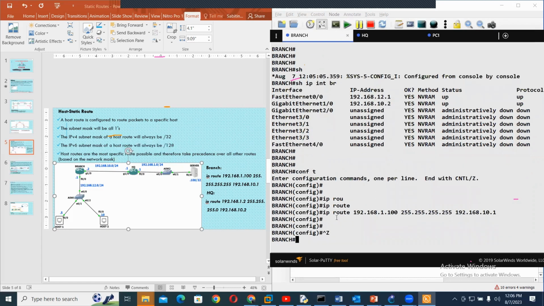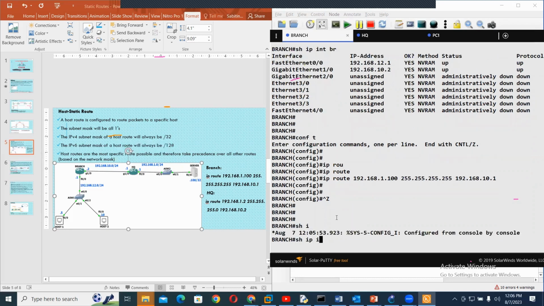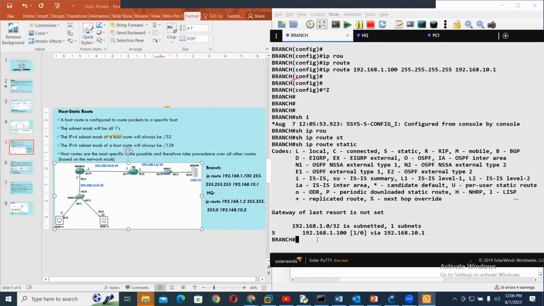Okay. Show ip route static. Yes. To access this host, you have to pass via 192.168.10.1. Yes, this one.